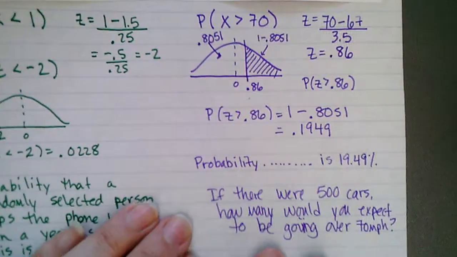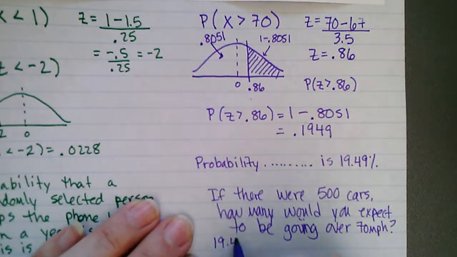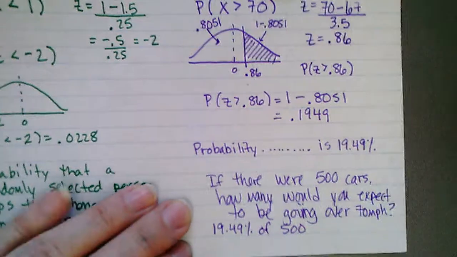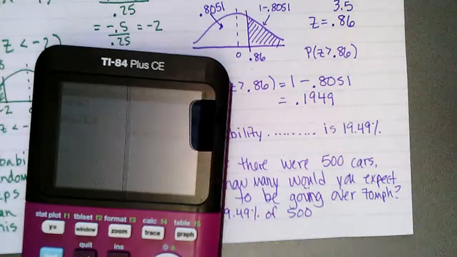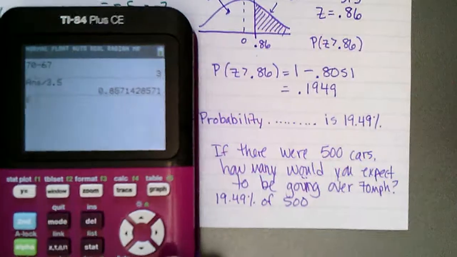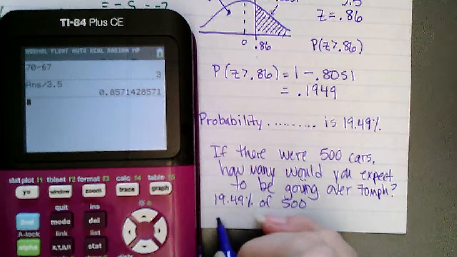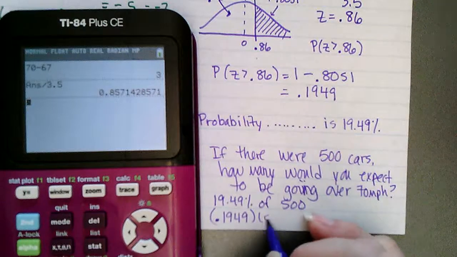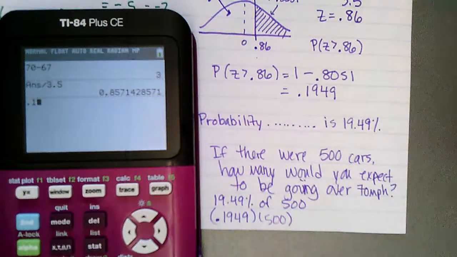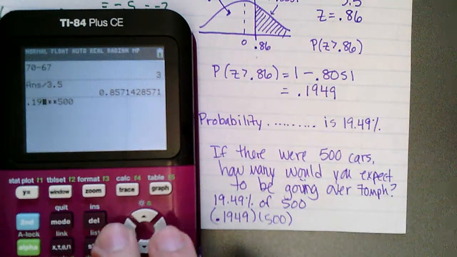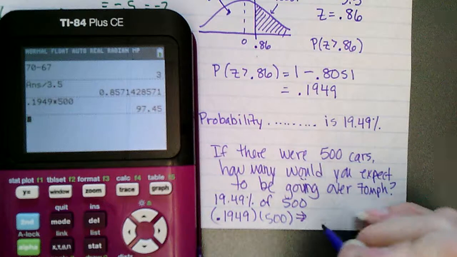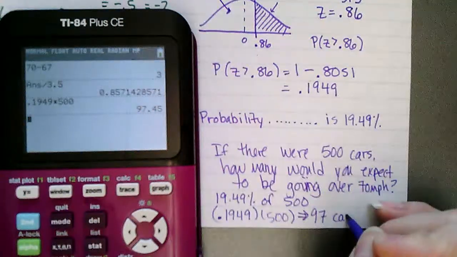So what I would expect is 19.49% of my 500. And in working with percents, that means we're going to be multiplying. So I have to make this into its decimal form. 0.1949 of 500 would mean I'm multiplying. That would give me about 97 cars.